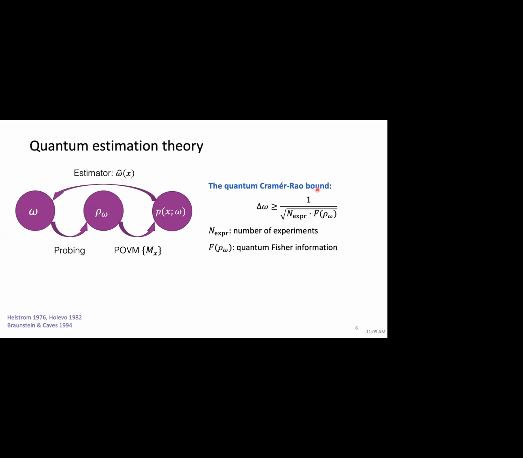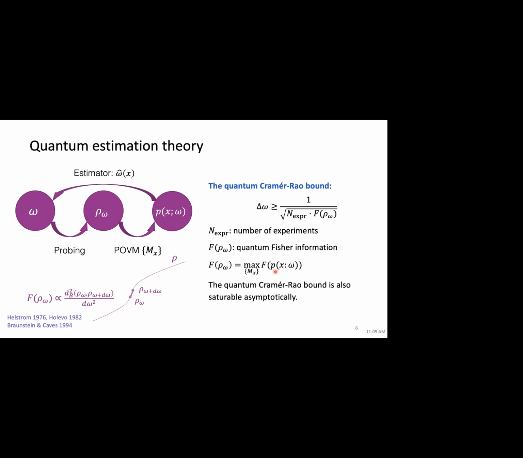The quantum Cramér-Rao bound says that delta omega is lower bounded by 1 over the square root of n times F, where F is the quantum Fisher information, a function of this density matrix. Moreover, one definition of the quantum Fisher information is that it is the maximum of the classical Fisher information over all possible POVMs. Fisher information is also related to the distance between rho omega and rho omega plus d omega.